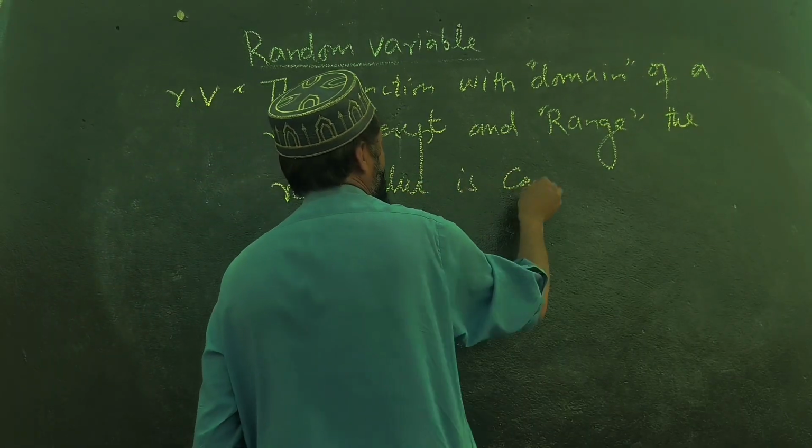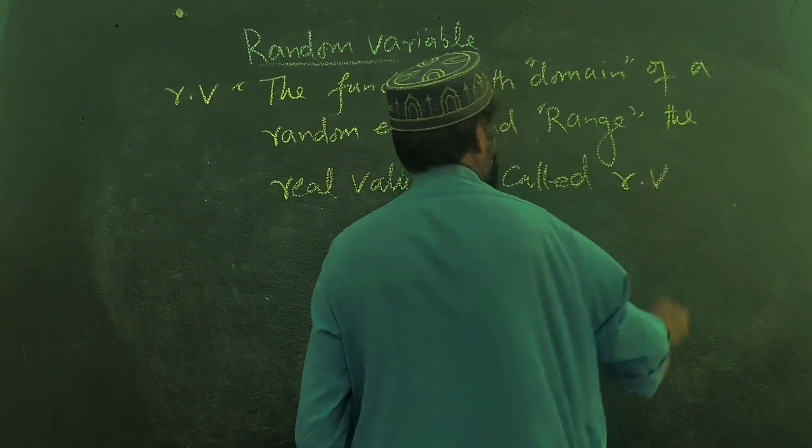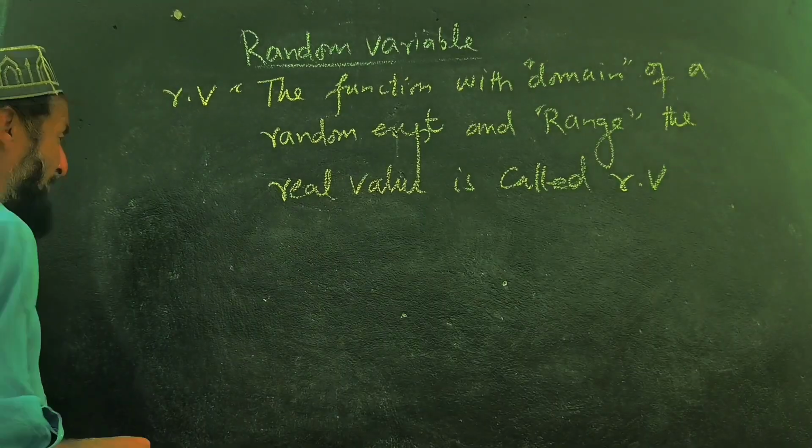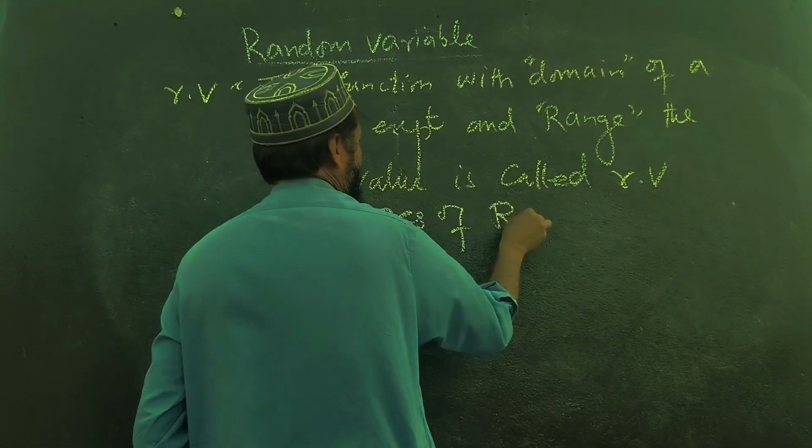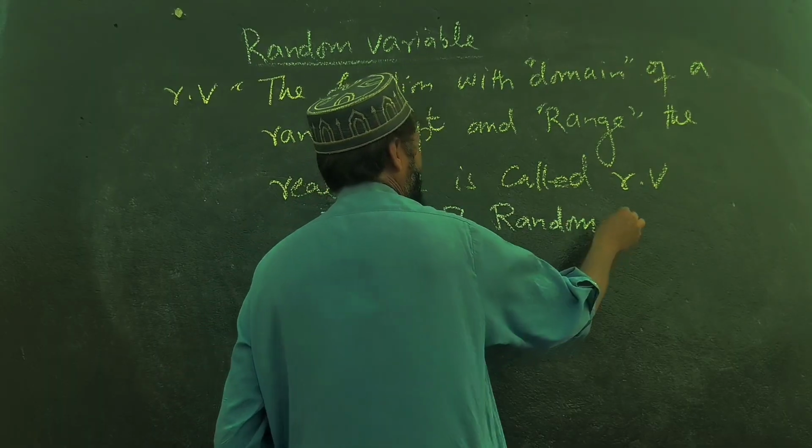Now we can define the types of random variable.